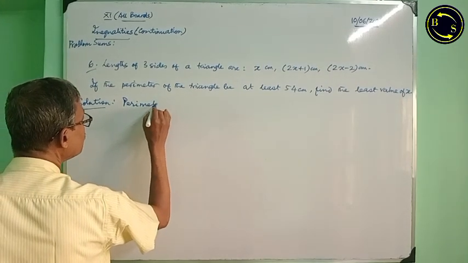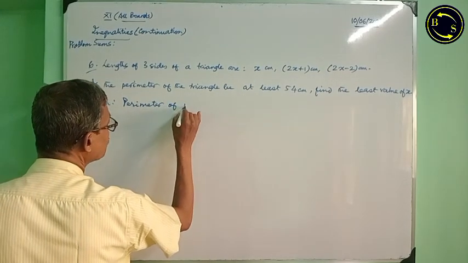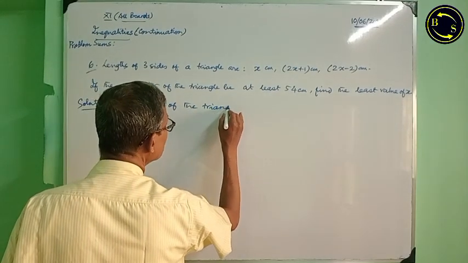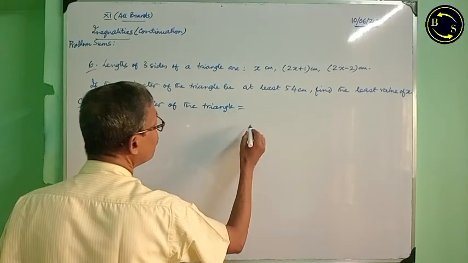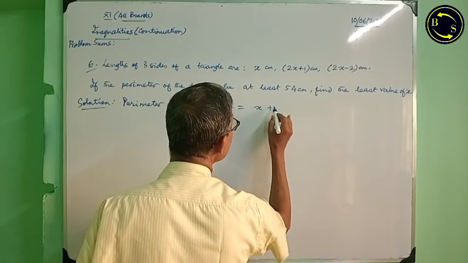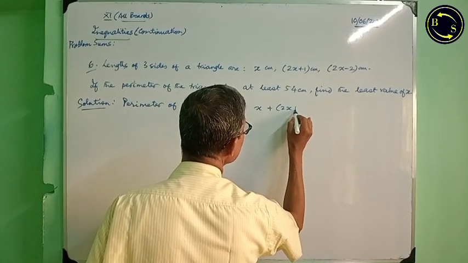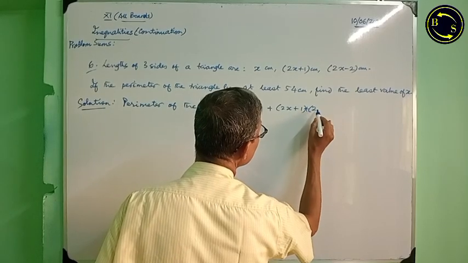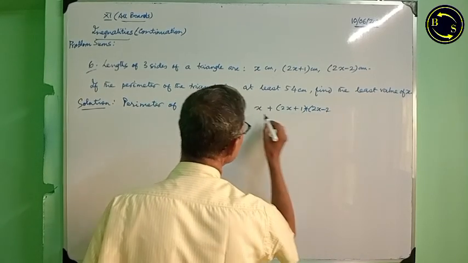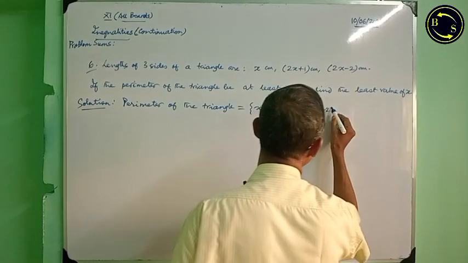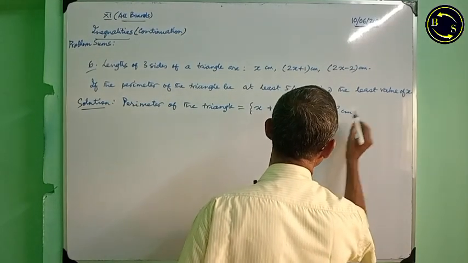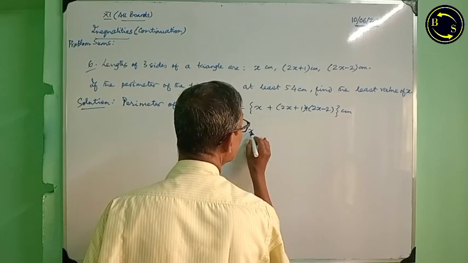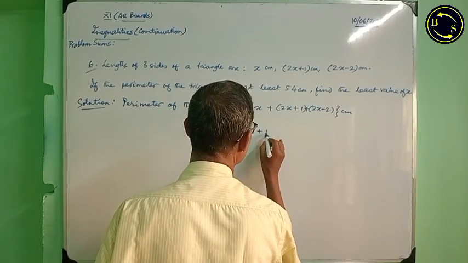Perimeter of the triangle, first we find that x plus 2x plus 1 plus 2x minus 2 centimeter, 5x plus 1 centimeter.